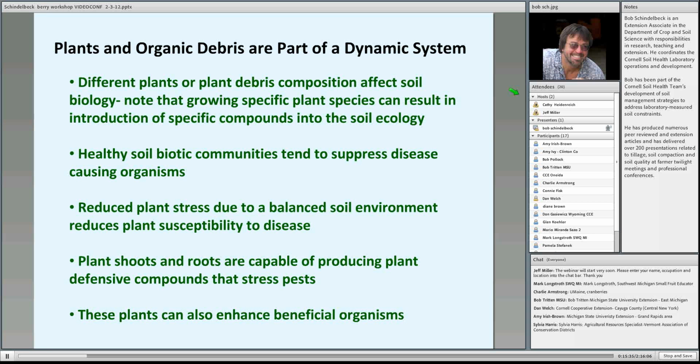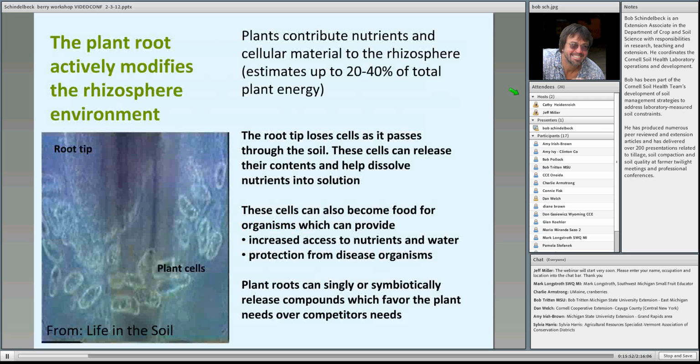And the way this is done is that the plant itself can produce defensive compounds that stress pests, or the plants can enhance beneficial organisms. So it's not just what we do; the plant itself is acting to protect itself. And I'd like to go through that a little here. So I think we all know that the plant root modifies the rhizosphere environment.